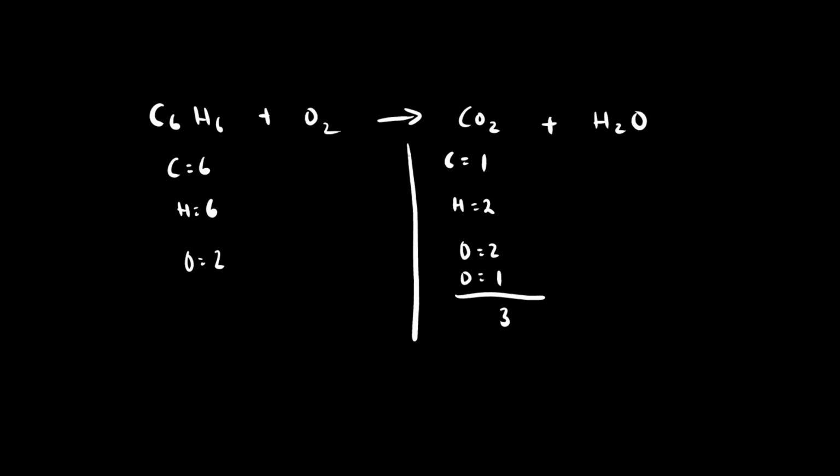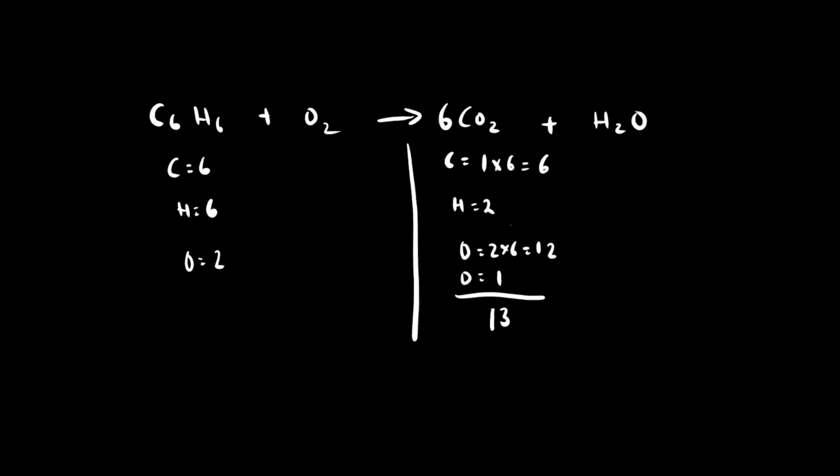Let's balance the carbon first. Least common multiple of 6 and 1 is 6. So coefficient of 6 in front of the carbon dioxide. So now we have 6 carbon on the right, followed by a total now of 13 oxygen on the right. Moving on to balance the hydrogen, we have 6 on the left, 2 on the right.